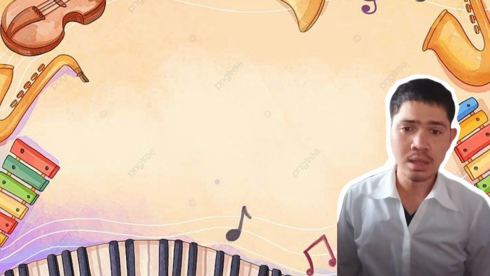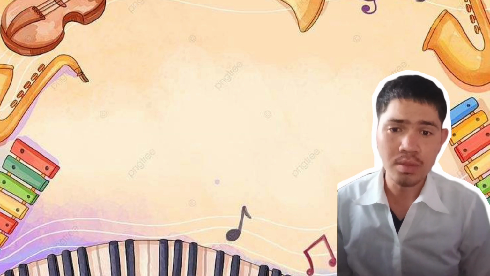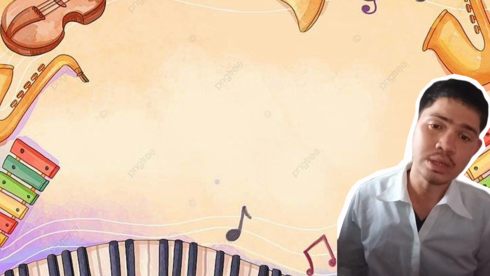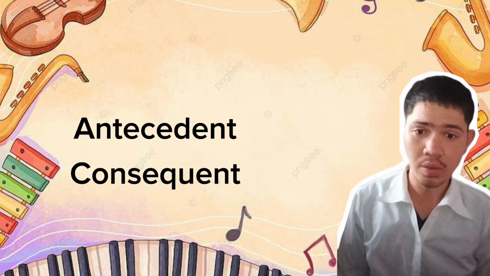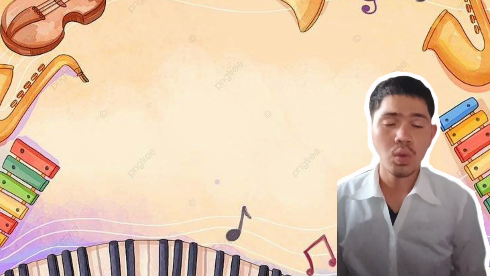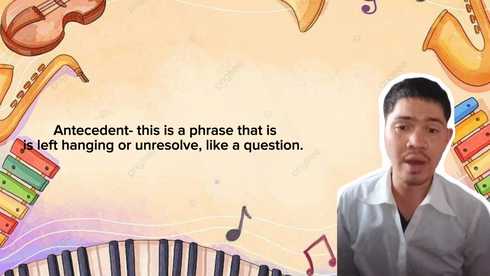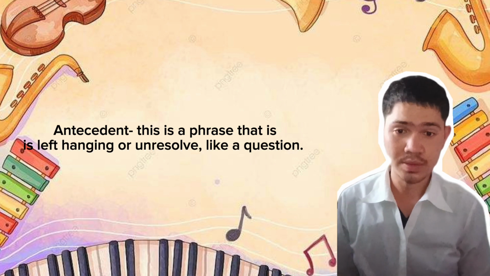Do you know, class, that there are two types of phrases in musical forms and dynamics? The first one is the antecedent and the consequent. When we say antecedent, this is a phrase that is left hanging or unresolved, like a question.